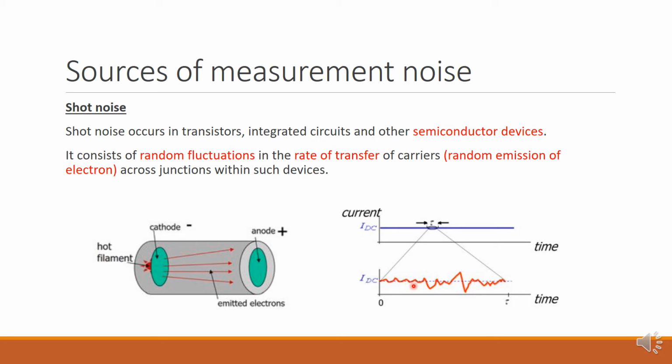This is due to the random fluctuation in the rate of your carriers in the semiconductor device. So the random emission of electrons across its junction will give you fluctuating noise in your system. This is another source of measurement noise.